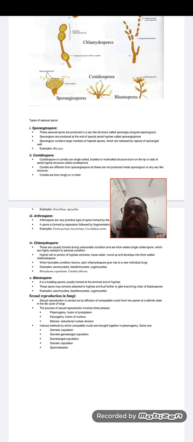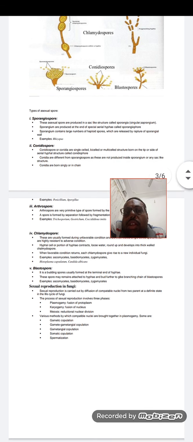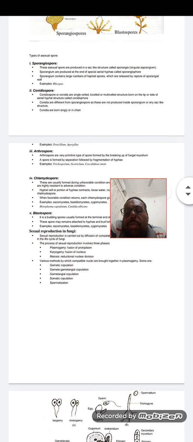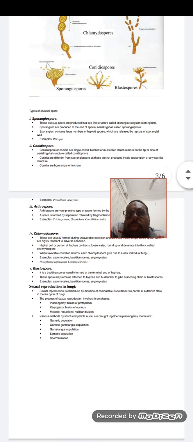They are known as the conidiospores, and these conidia are not produced inside the sporangium, and they are arranged in a chain-like structure. From this chain-like structure, spores will be separated and fall down, and each will grow into a fungus.